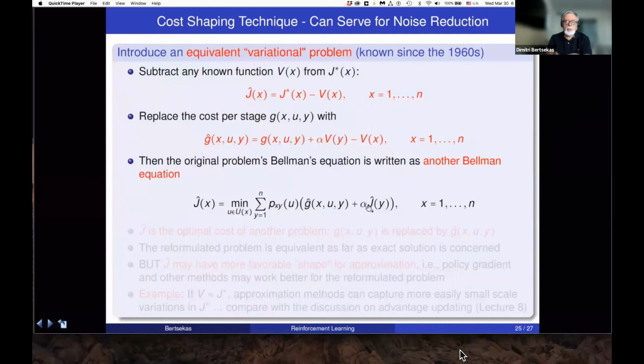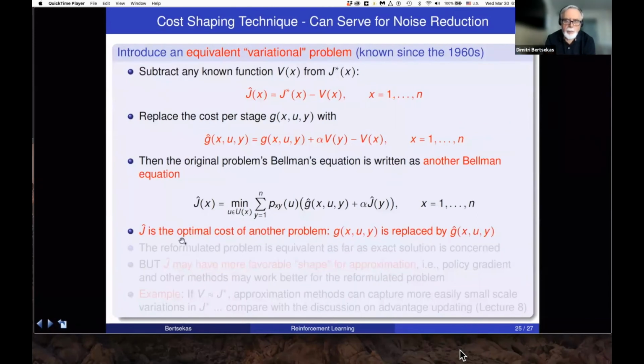But now if you look at this, it's another Bellman equation where J hat is the cost and g hat is the cost per stage. So if you introduce another problem where the cost per stage is g hat in place of g, then J hat is the optimal cost of that problem. That's what this bullet says.